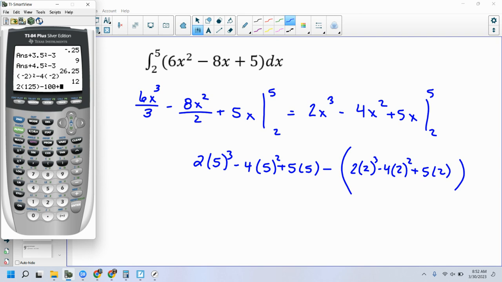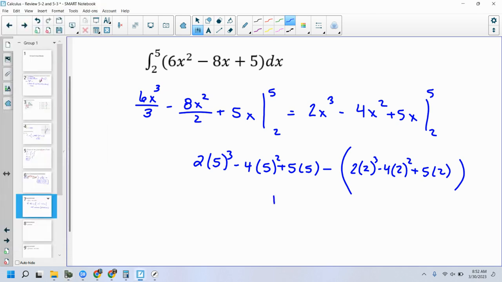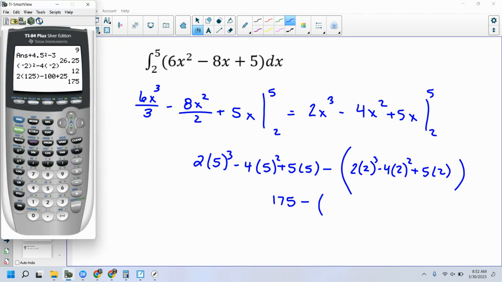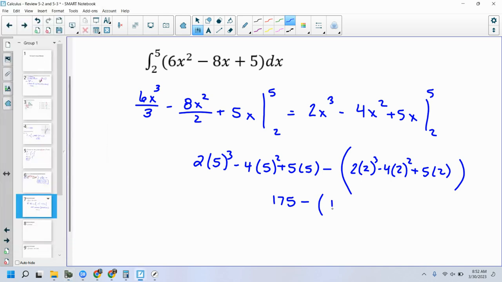Minus 100 plus 25, that should get me a 175. Yep. Minus, on the right side, that gives me a 2 times 8. 2 to the third is 8. So 16 minus 2 squared is 4. So another 16 plus 10. So 10. 175 minus 10 is 165.